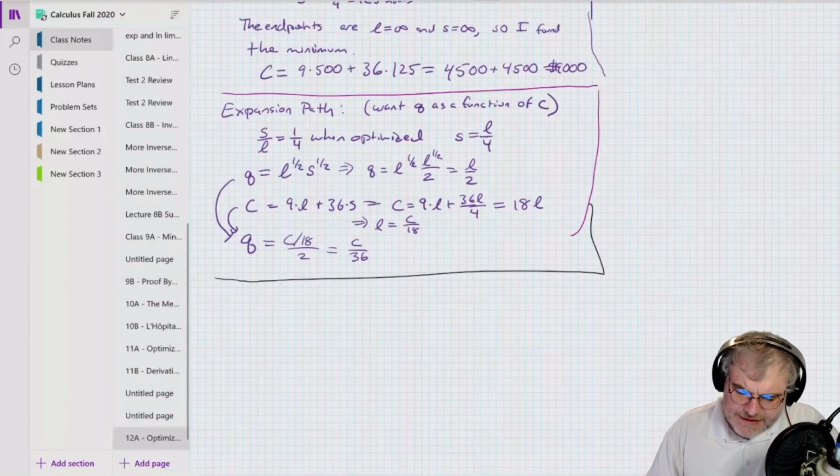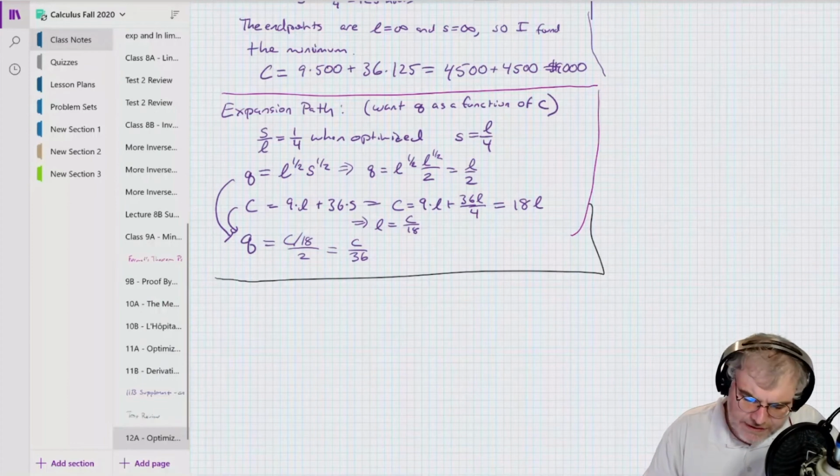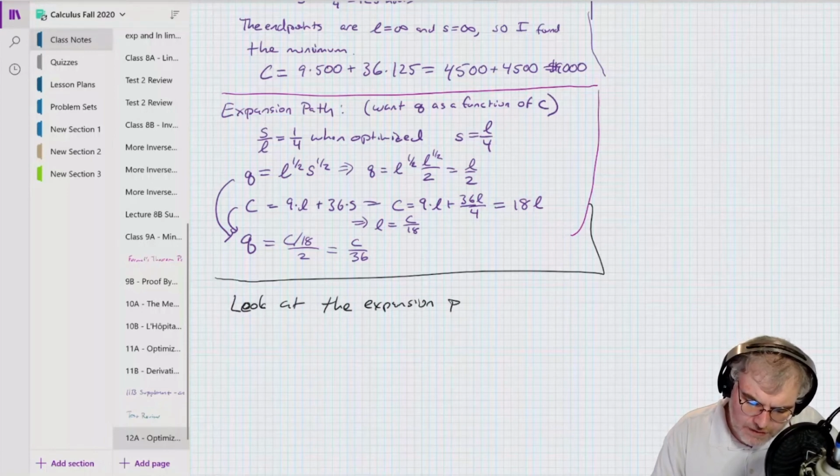Okay, now let's look at this expansion path. This is interesting. Look at the expansion path. Here, I've got Q equals C over 36. So dQ over dC in this case is going to be 1 over 36, which is greater than 0.